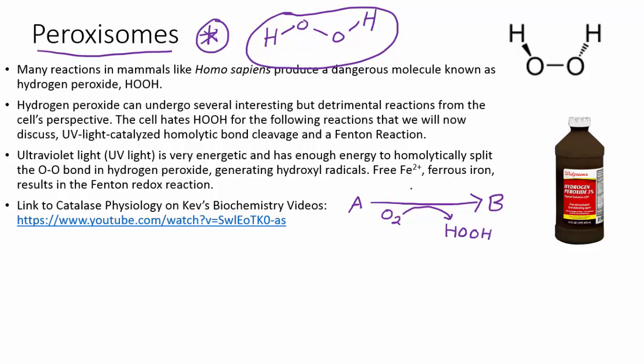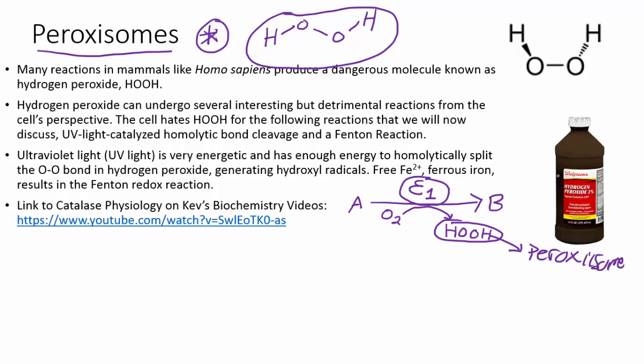We'll call this enzyme 1. This enzyme and others like it that do a similar reaction in which you produce hydrogen peroxide are localized to the peroxisome. Hopefully that makes sense, and we'll talk about why that is.